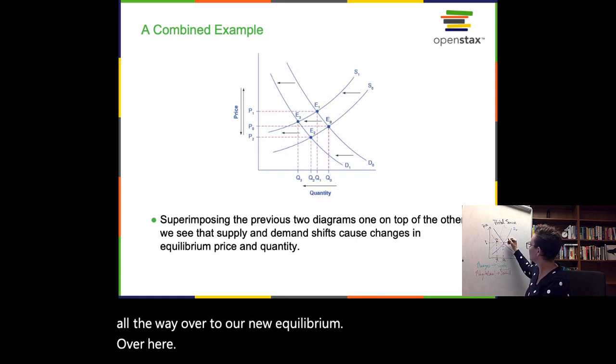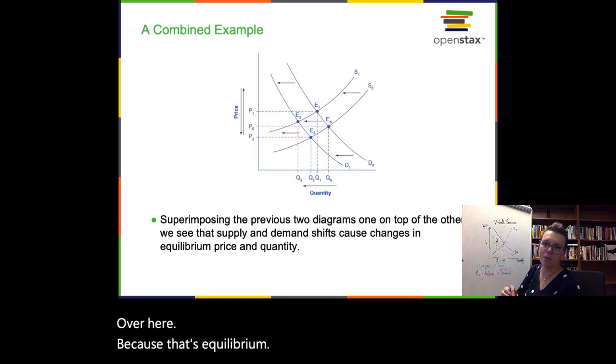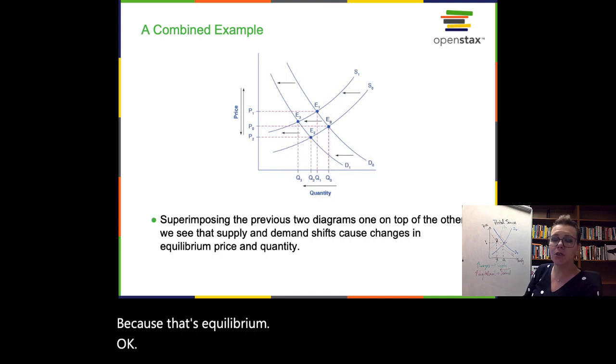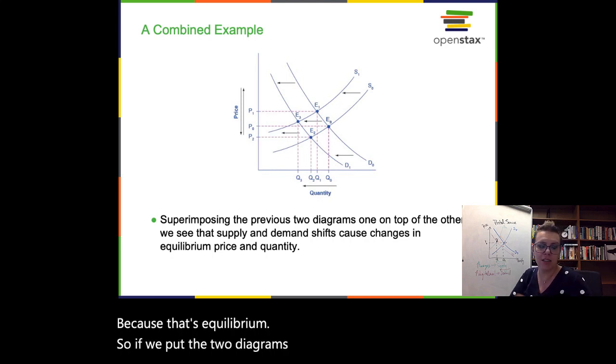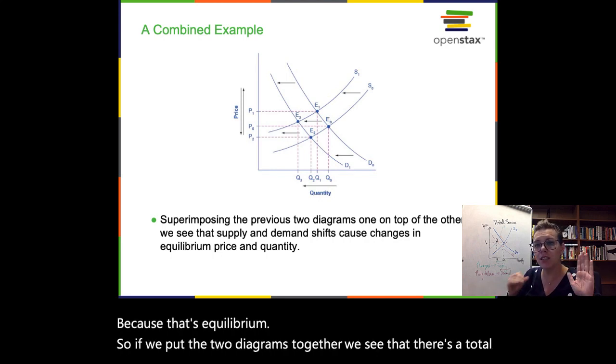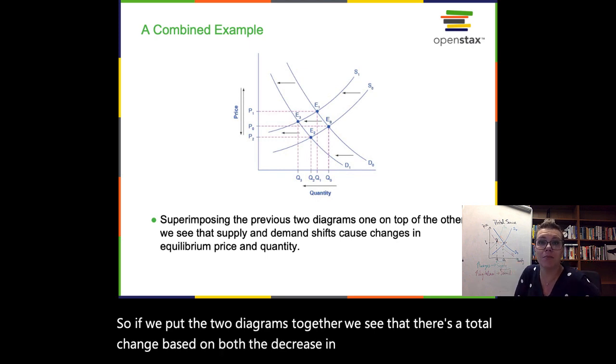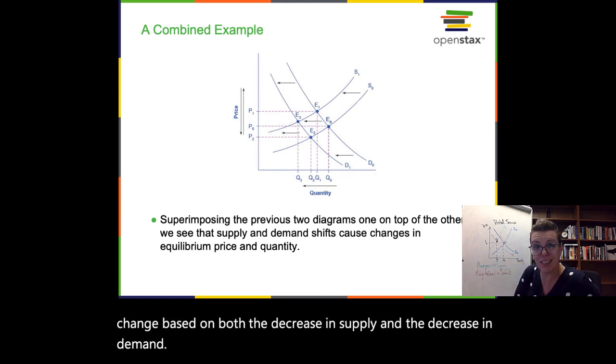I guess that's equilibrium 3. Okay? So if we put the two diagrams together, we see that there's a total change based on both the decrease in supply and the decrease in demand. Cool? Does that make sense?